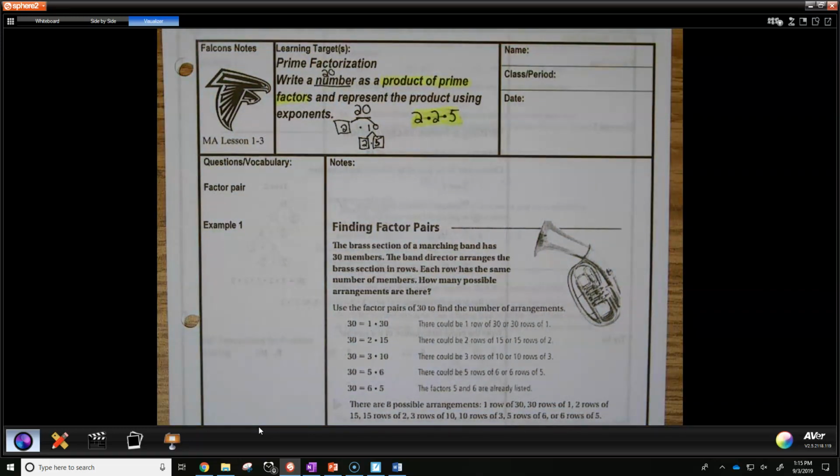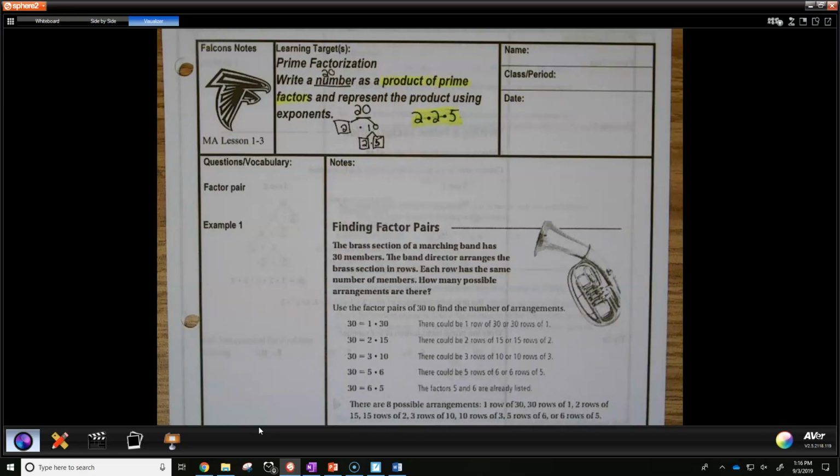That is going to be your goal today. You could take a number and you're going to write it as multiplication of prime numbers. If I did 2 times 2 times 5, I would get 20. 2 times 2 is 4. 4 times 5 is 20. Okay?